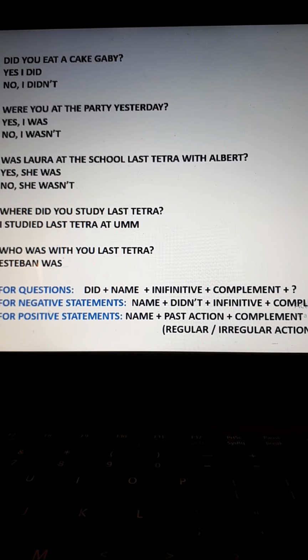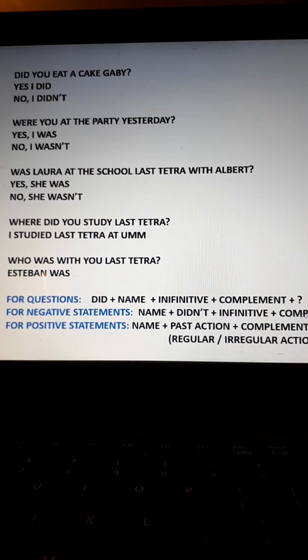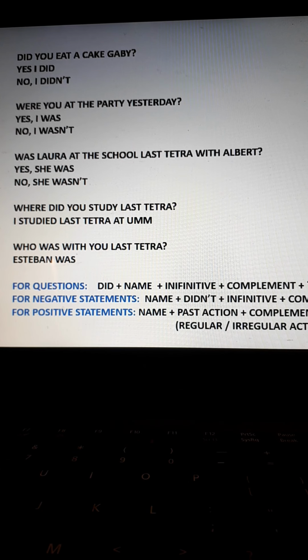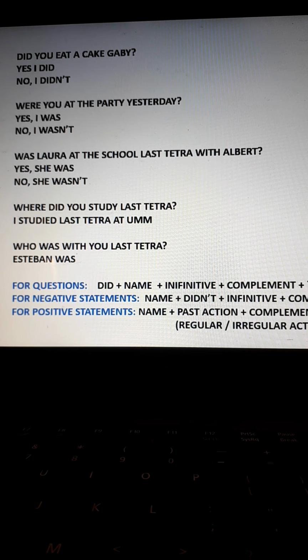Okay, guys. We were saying that when you're going to use a regular or irregular action, you can use it in singular and plural names. Just the verb to be has a difference. Was is for singular, were is for plural.